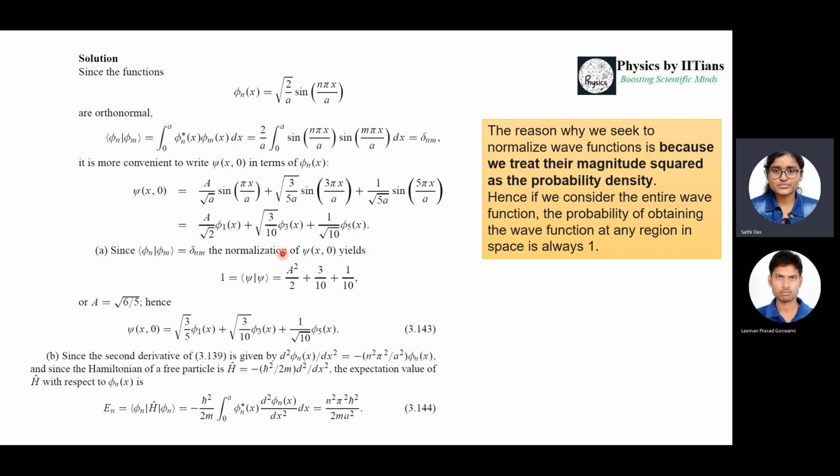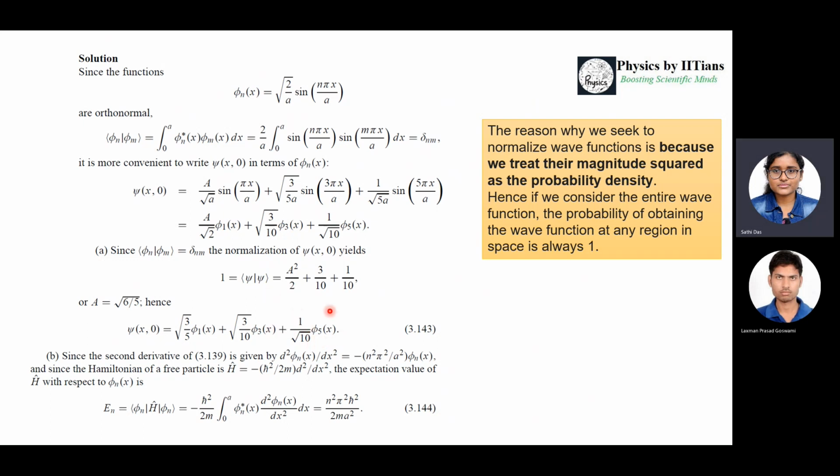This is the mod square, and this value should be 1. From here you get A equals root(6 by 5). So finally psi(x, 0) equals root(3 by 5) phi_1(x) plus root(3 by 10) phi_3(x) plus 1 by root 10 phi_5(x).